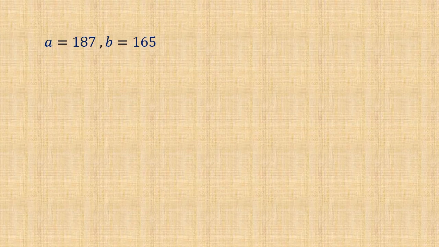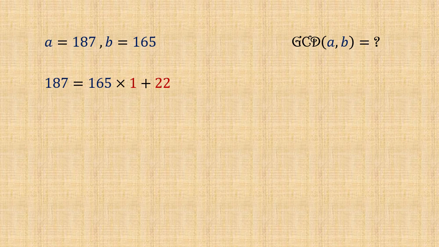Let's now check out an example. Let's put a equal to 187, and b equal to 165. In order to calculate the greatest common divisor between those two numbers according to the Euclidean algorithm, we start by doing the Euclidean division of 187 by 165. We see that the rest of this Euclidean division is 22. And since 22 is different from 0, we do the Euclidean division of 165 over 22.